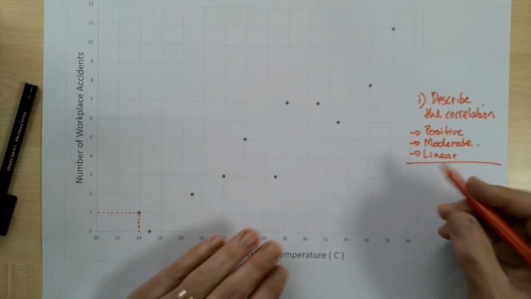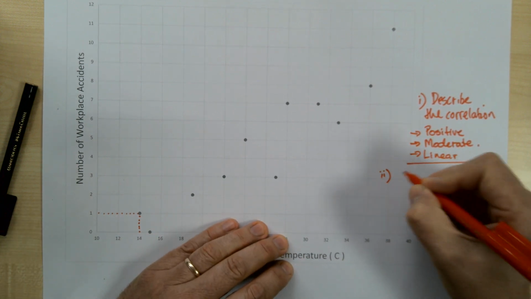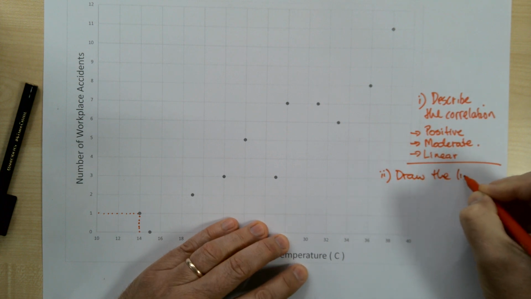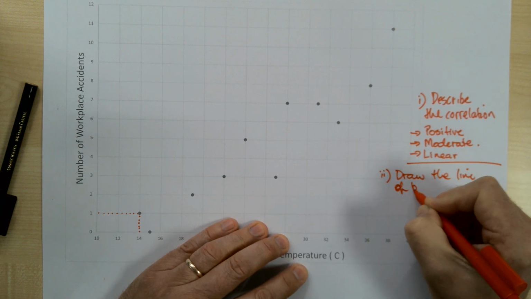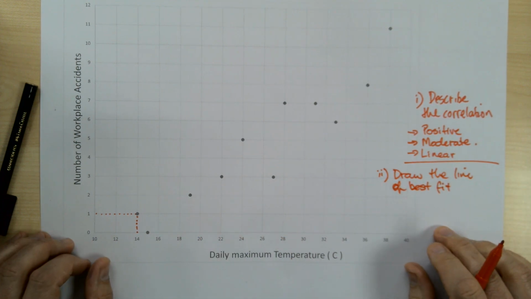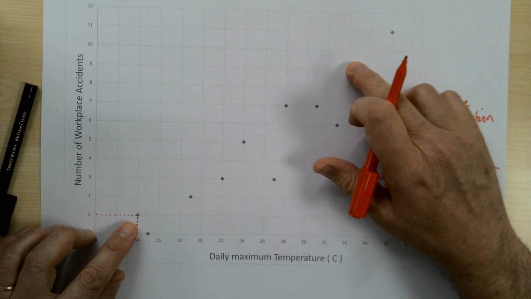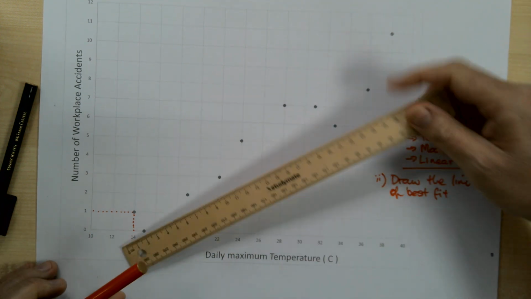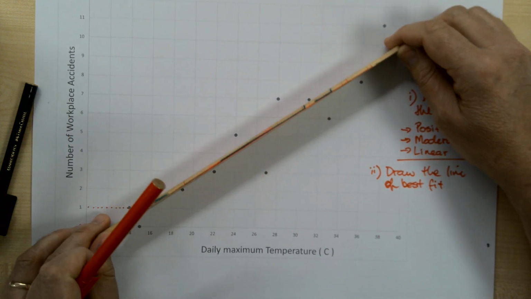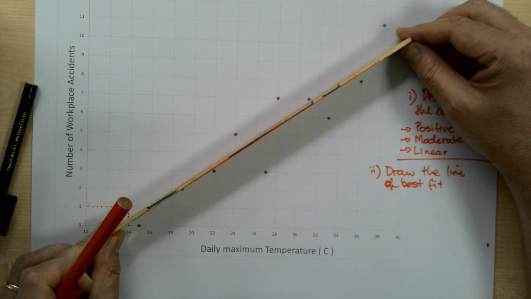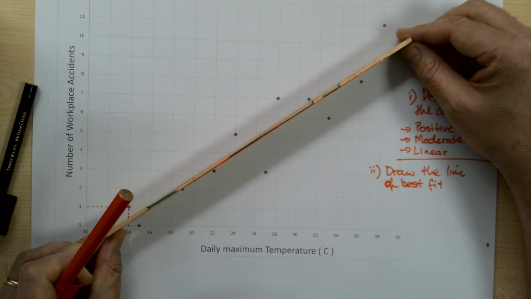Then the second part of the question might be draw the line of best fit. Let's explain that. The line of best fit is a straight line that is drawn through here in such a way that it is as close as possible to all the points. Or another way to put it is it's the most representative line of everything.